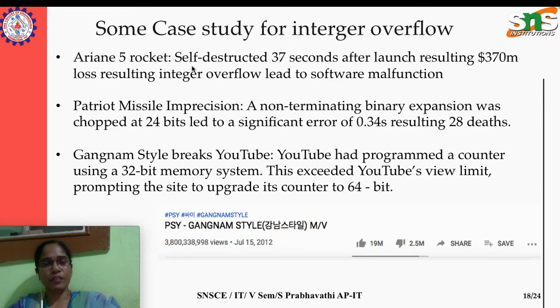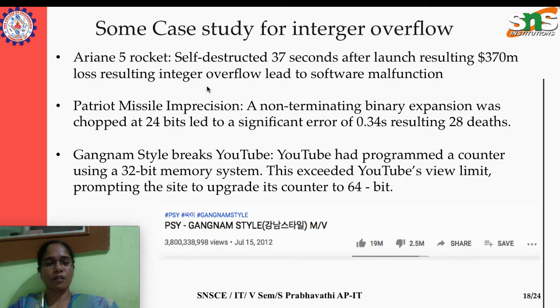That rocket self-destructed 37 seconds after launching and caused a loss of $370 million, due to integer overflow, which led to software malfunction.